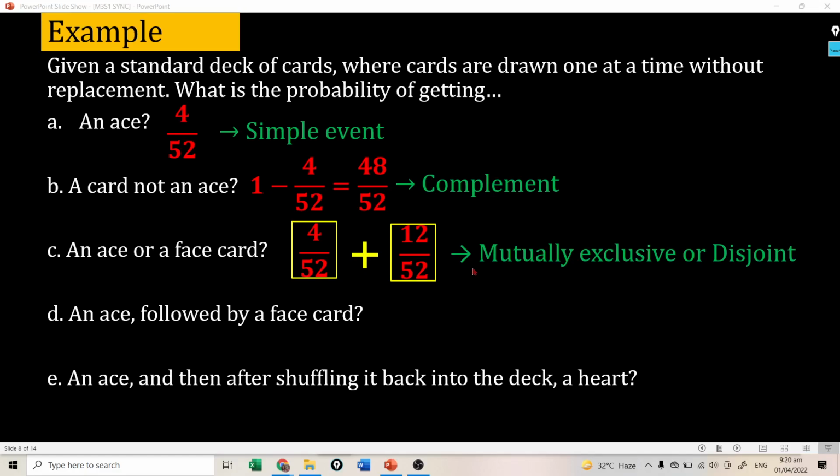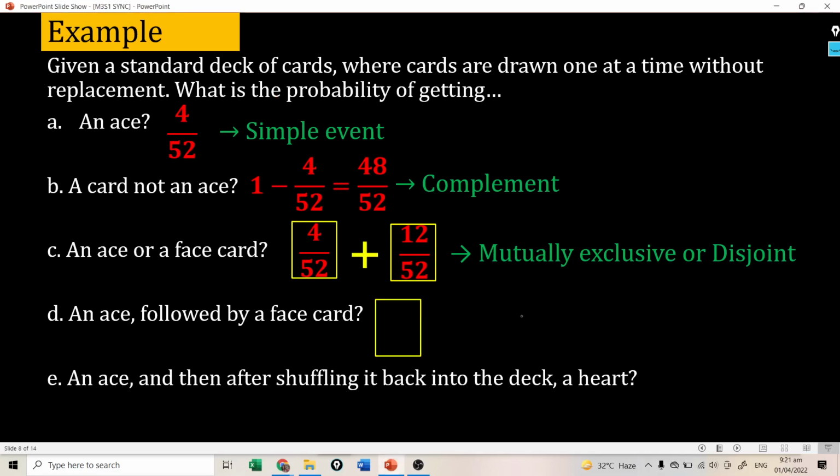And the answer is yes. Because our situation here asserts that there is no replacement of cards. Ibig sabihin, pag nabawasan na ng isang card upon the first draw, then the probability of the next draws will be affected, definitely. Because there is one less card in the deck now. So, whatever you're targeting, iba na ang probability niya. So, in this case, an ace.